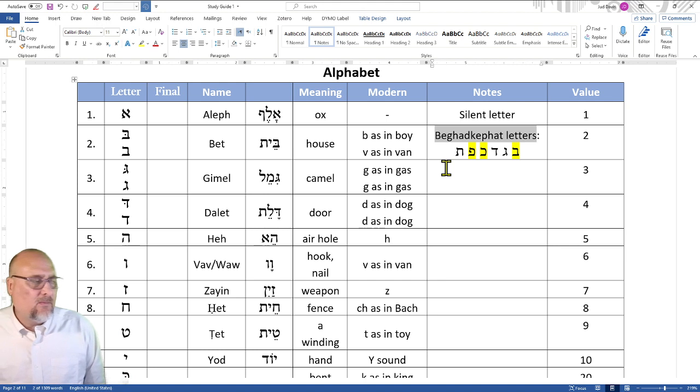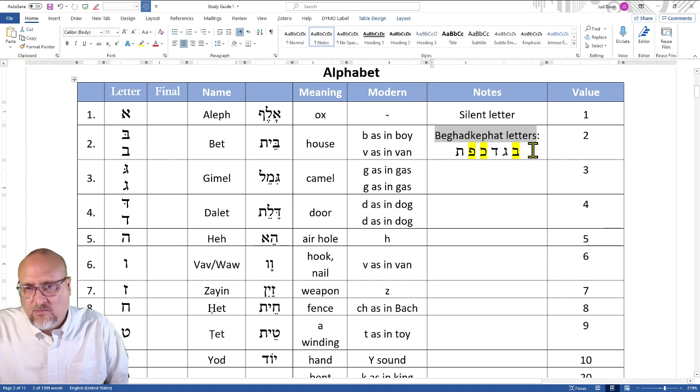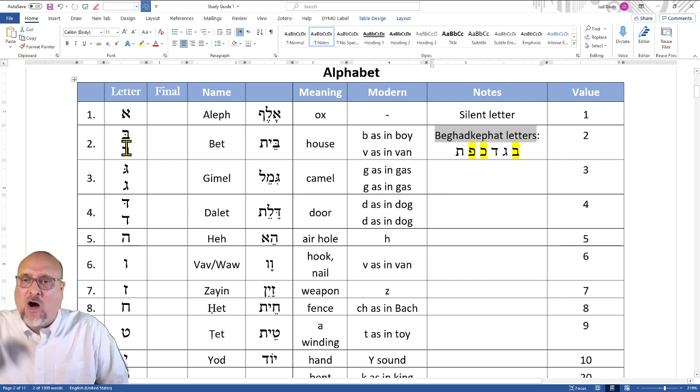And as near as I can tell, in antiquity, the Begad Kafat letters had two different pronunciations. One with an H and one without an H. What the dot in the letter does is take the H out.